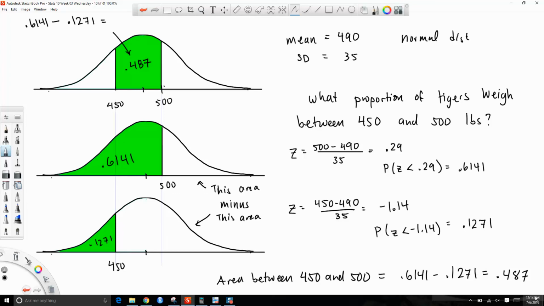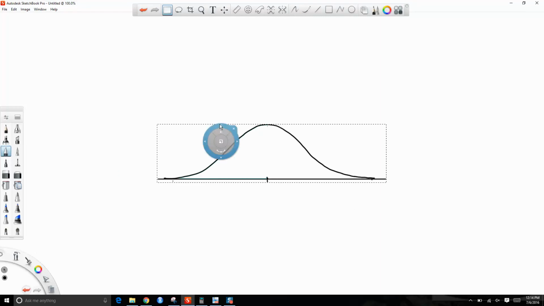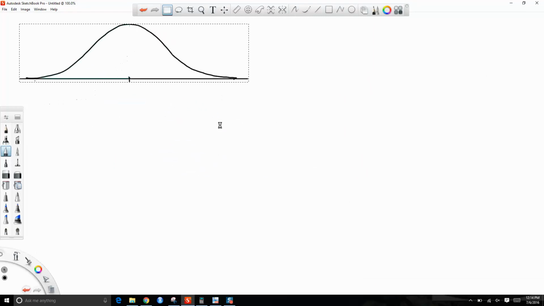Okay. Well, if I may, I'm going to flip the slide to the next page here. And then we have something called the inverse lookup of the normal distribution.